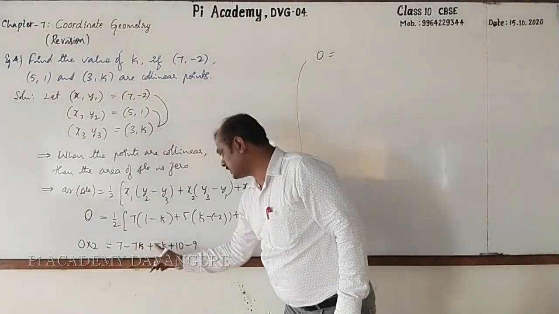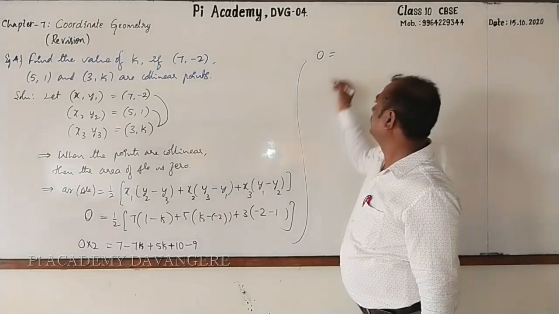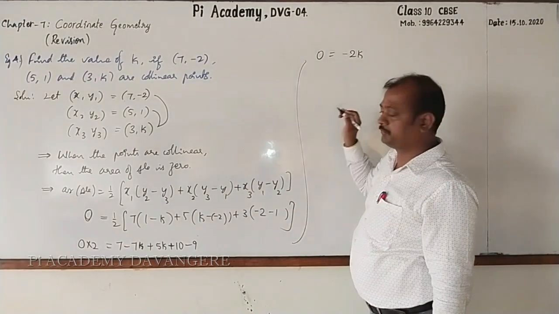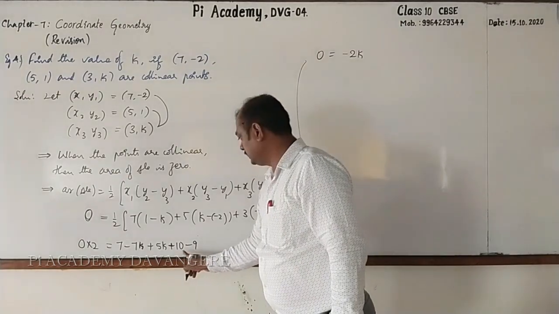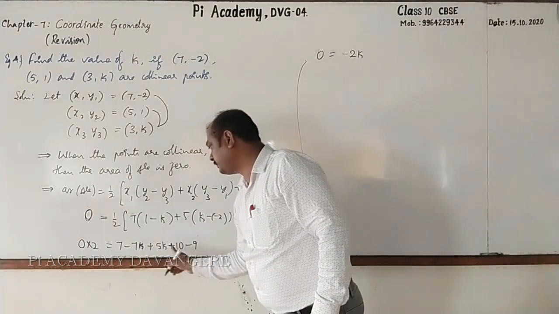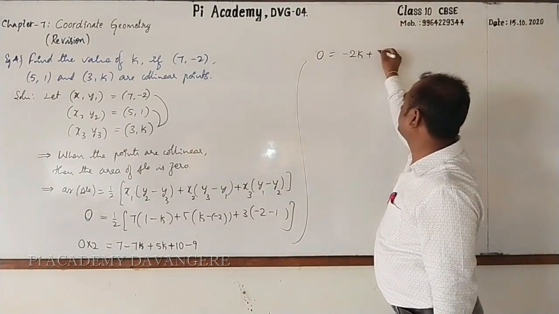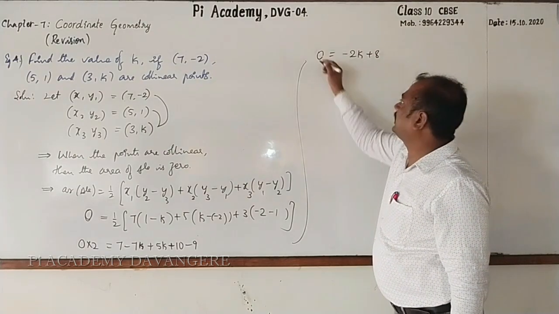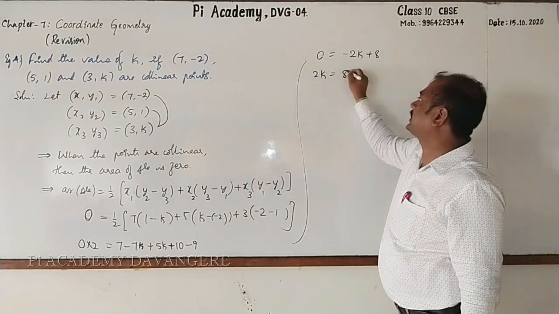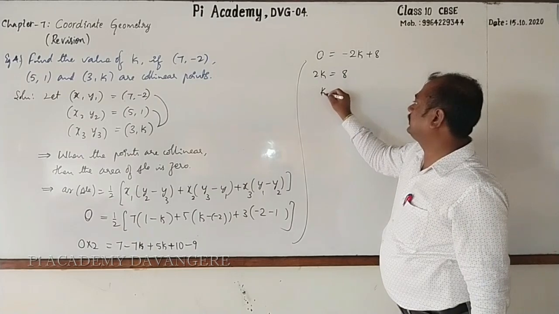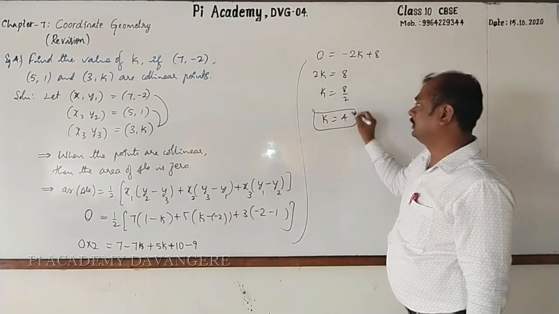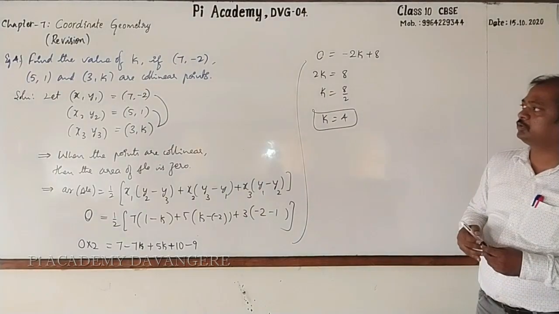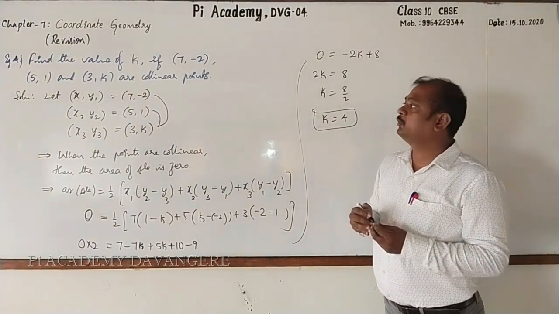Then minus 7k plus 5k, it is minus 2k. Next, 10 minus 9, it is 1. 7 plus 1, 8, plus 8. Transfer minus 2k to the left hand side, becomes plus 2k equal to 8. k equal to 8 by 2. k equal to 4.